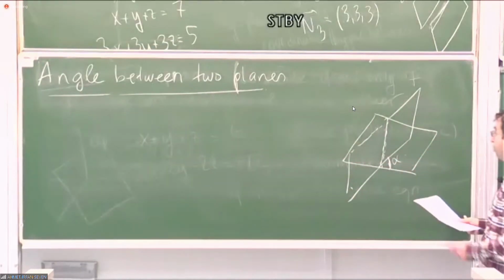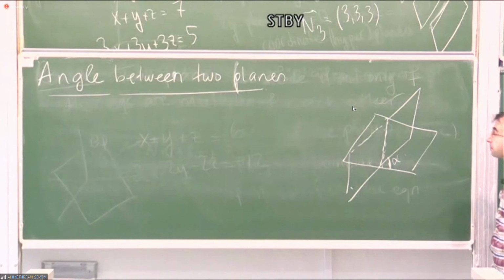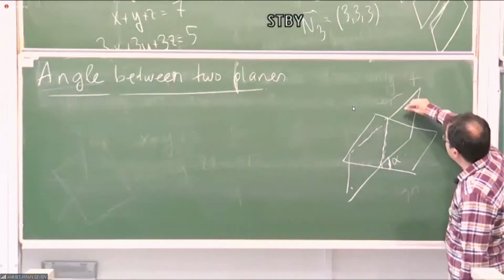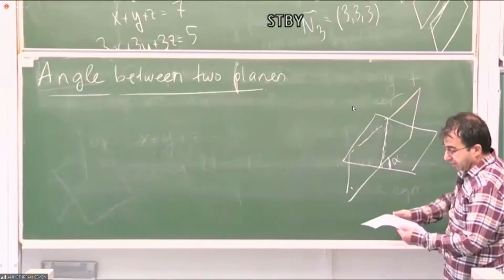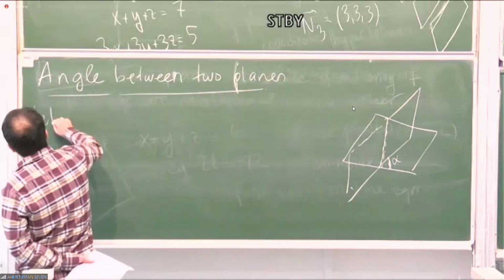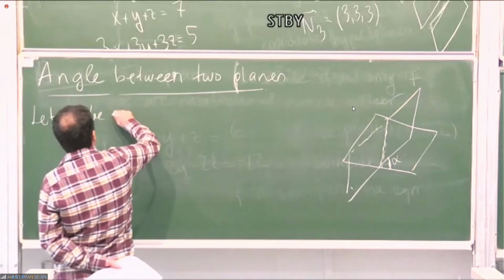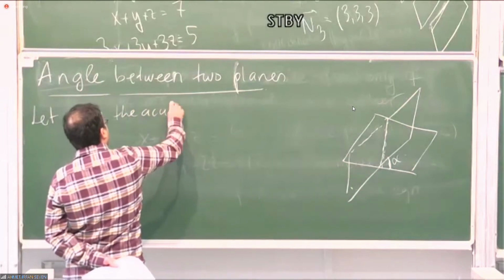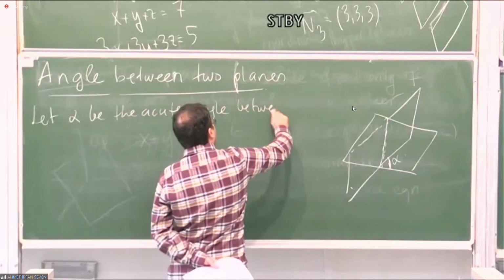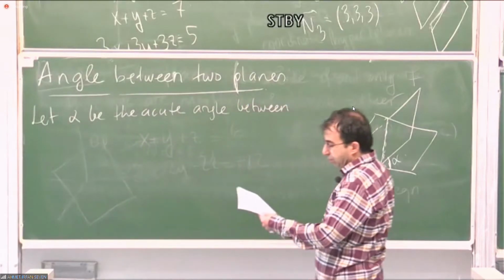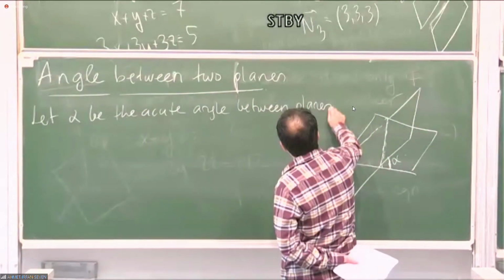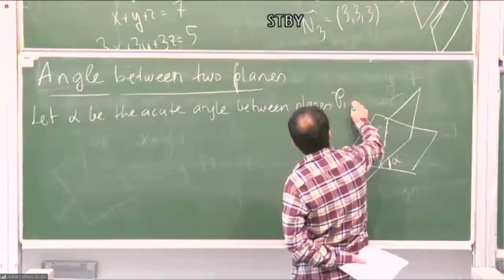Okay, so you see, this will also be very easy. So this angle alpha will be the following. Let alpha be the acute angle between planes P1 and P2.